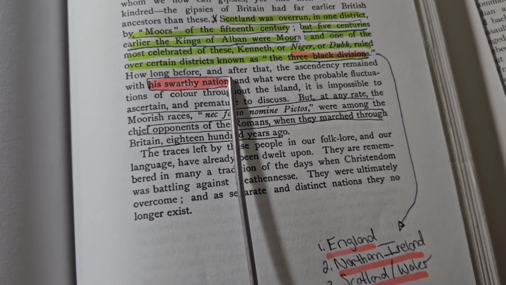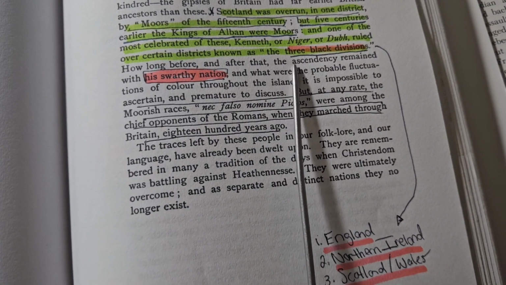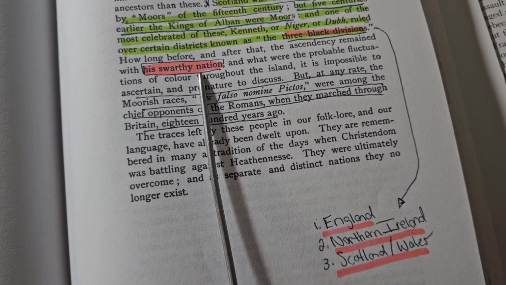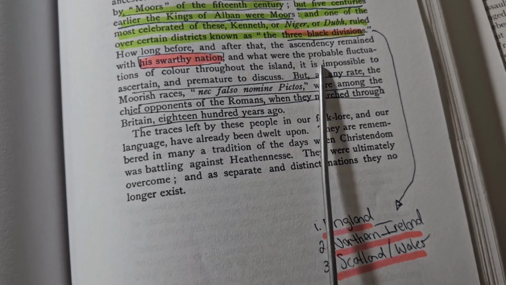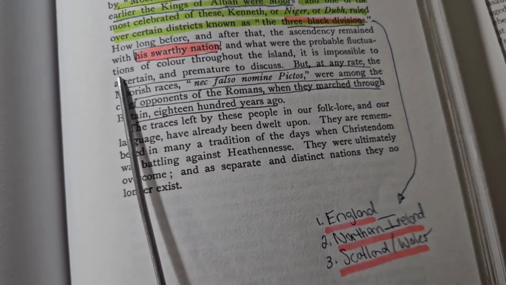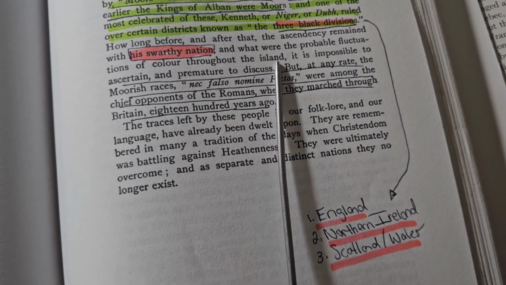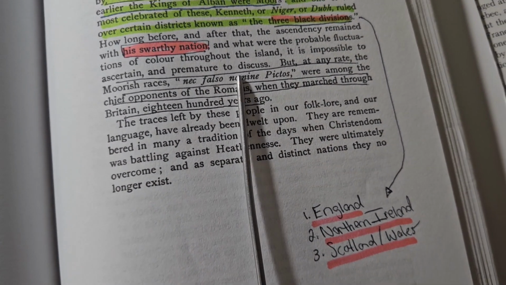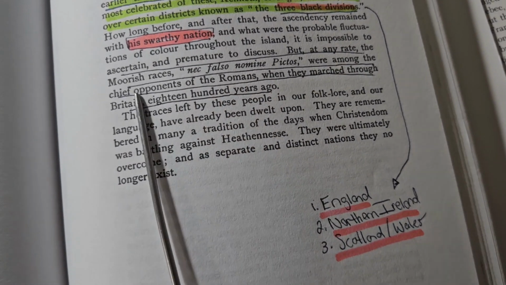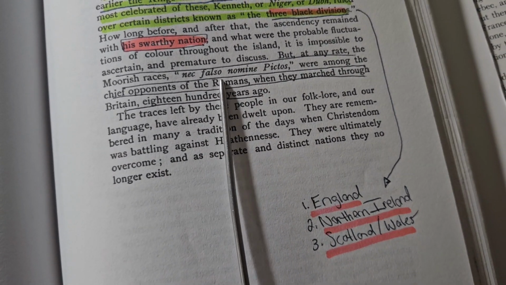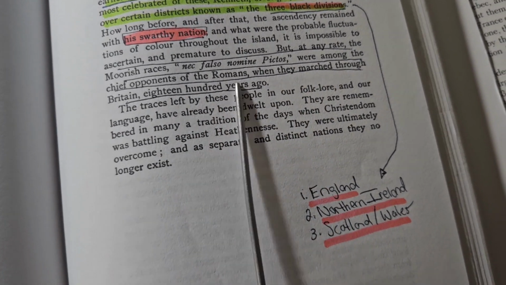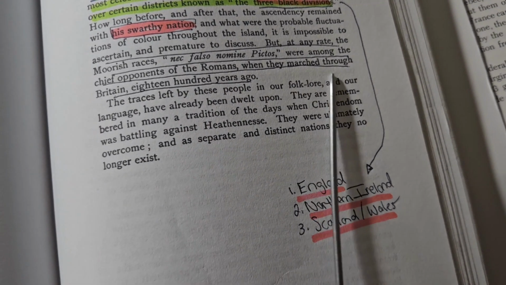How long before and after that the ascendancy remained with his swarthy nation, and what were the probable fluctuations of color throughout the island, it is impossible to ascertain and premature to discuss, but at any rate, the Moorish races were among the chief opponents of the Romans when they marched through Britain 1800 years ago, okay?